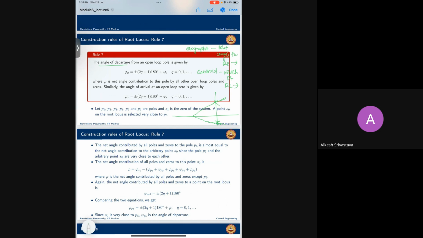If it is a zero, the root locus will come to the zero. If it is a pole, it will start from that. So this angle of departure will tell at what angle it is going to cross the imaginary axis. Simple.